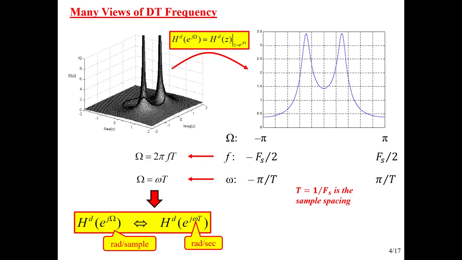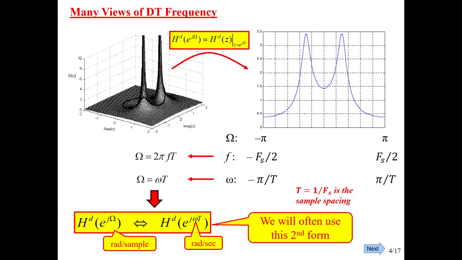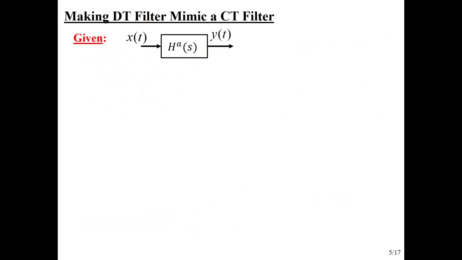But for our purposes right now, since our H superscript A is going to be easier viewed in terms of omega, we'll do it this way. Then when we get the final design, we're going to want to plot it versus f in hertz so that we can see what it really does. So we're going to use this second form so that we can view it as a function of radians per second frequency.